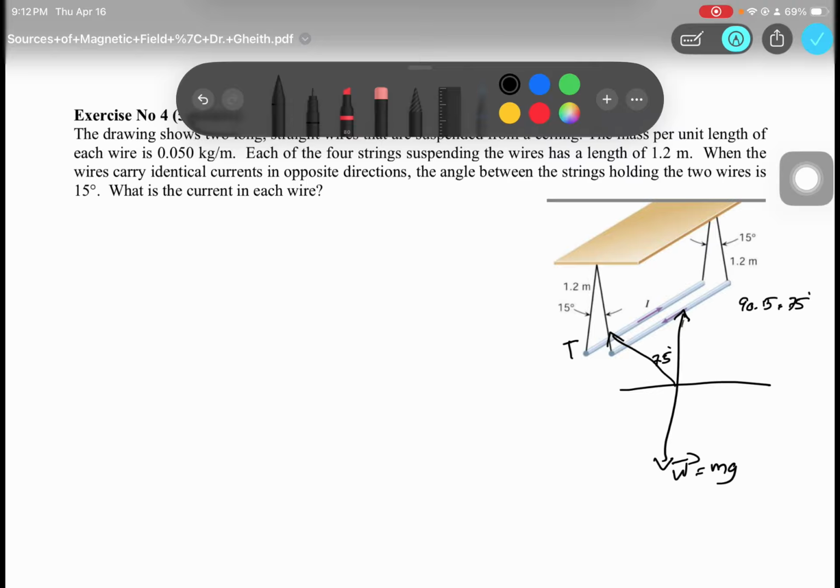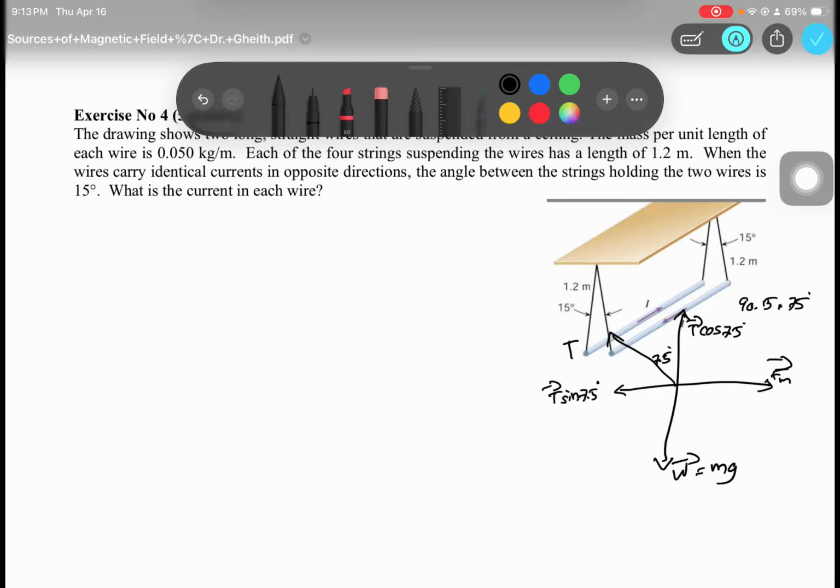So we just write 7.5 degrees. So this is T sine 7.5 degrees, this is T cos 7.5 degrees, and this is F.